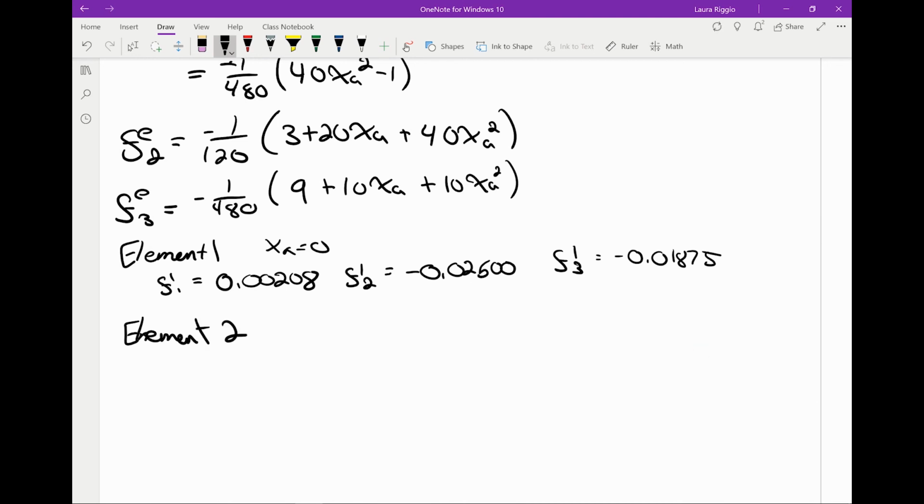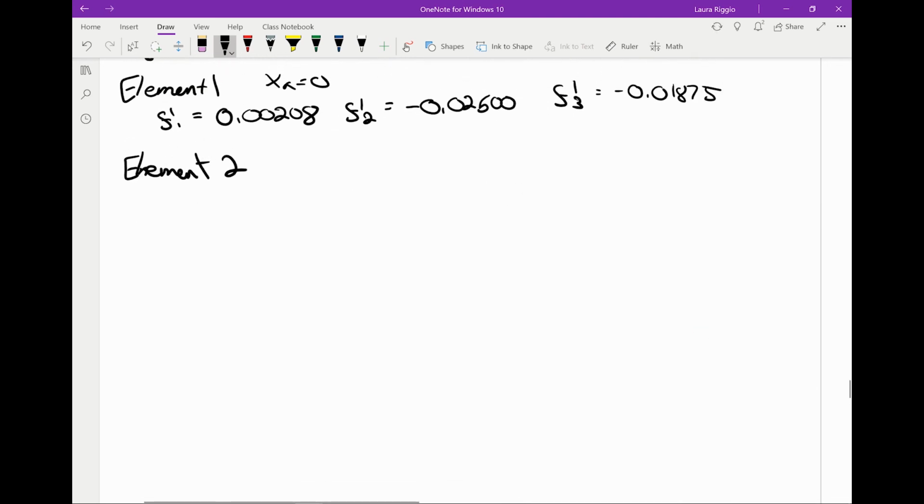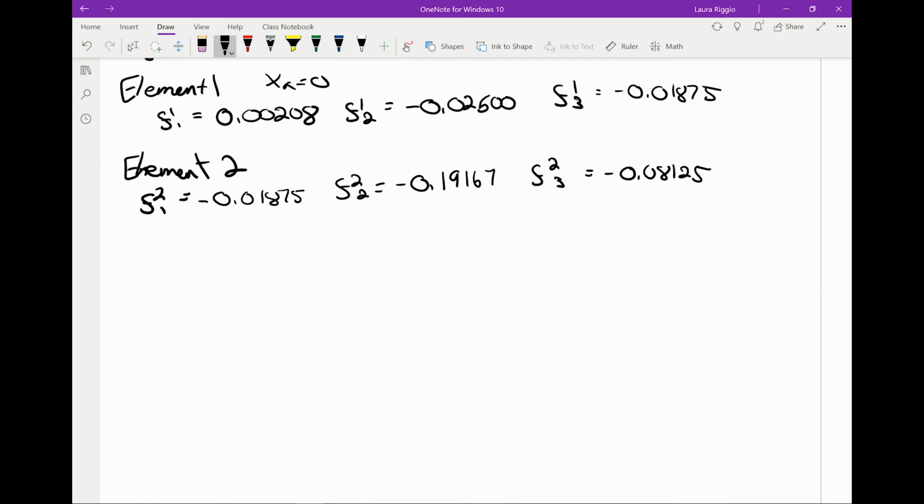So for element 2, we have F21 is equal to minus 0.02500. Nope. It's minus 0.01875. F22 is minus 0.19167. And F23 equals minus 0.08125.